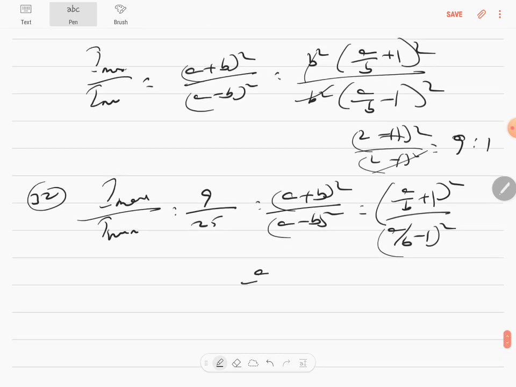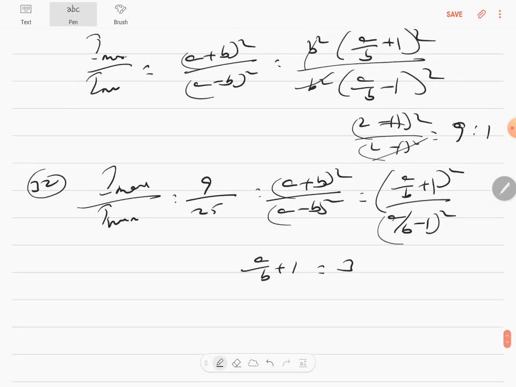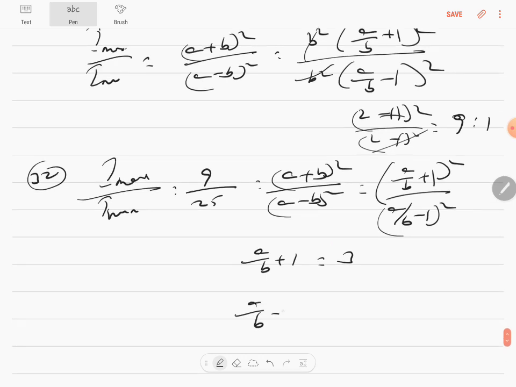Which means A by B plus 1 is equal to 3, and A by B minus 1 is equal to 5. I don't know what I'm doing, I'm just doing it, okay? Because A by B is 2 and A by B is 6, it's not possible, no.